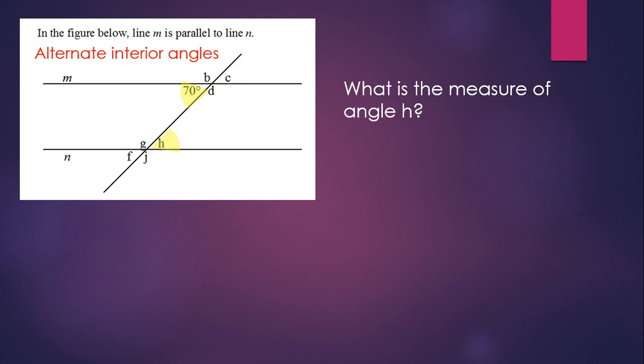Well, angle H and the 70-degree angles are alternate interior angles that are formed by a transversal cutting across parallel lines. So those two angles would have to be congruent, making angle H a 70-degree angle.